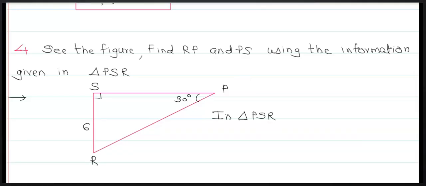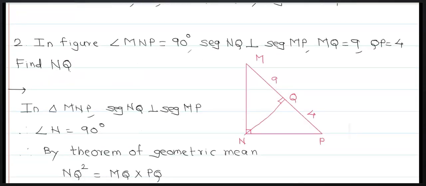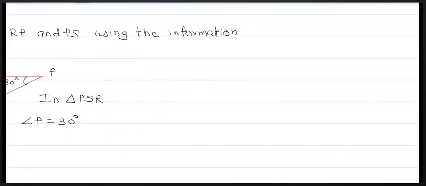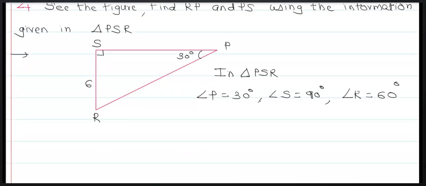In triangle PSR, angle P is equal to 30 degrees, angle S is equal to 90 degrees, angle R is equal to 60 degrees. SR is equal to 1 upon 2 PR.